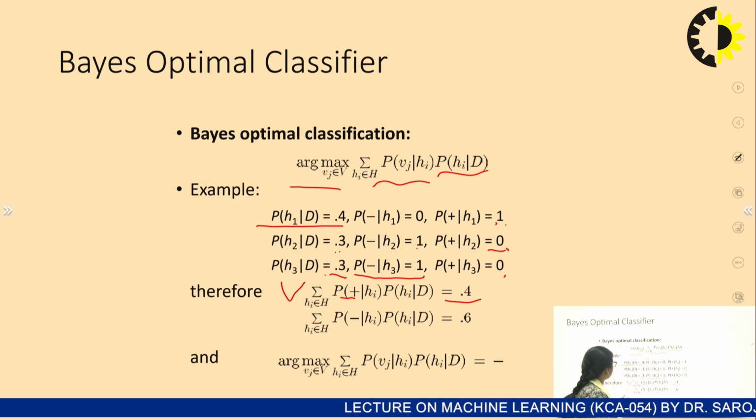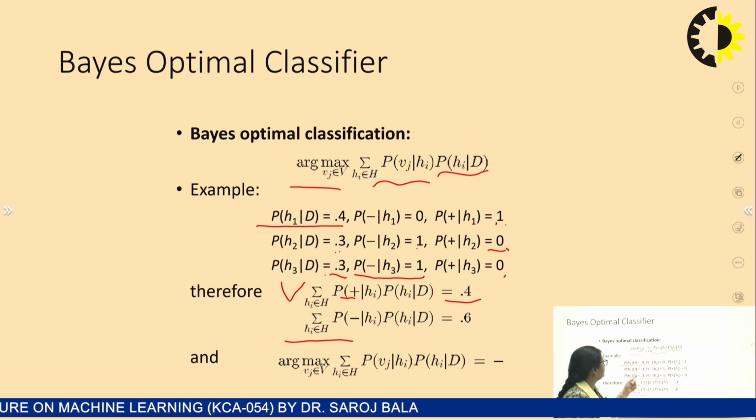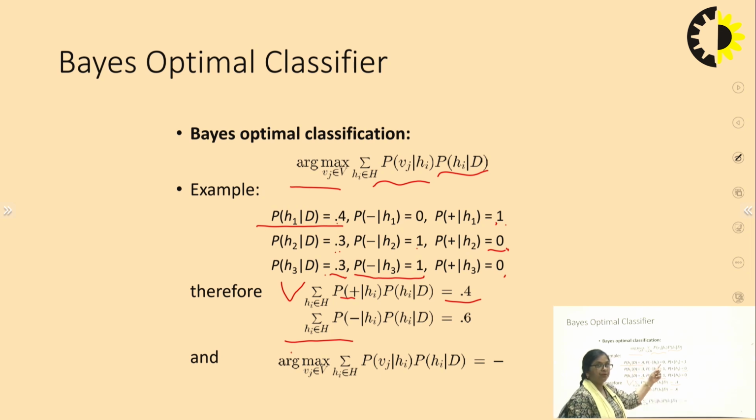Now what is the combined probability for our negative class? Multiplied by the posterior probabilities, that is 0.4 into 0, because H1 doesn't say that it belongs to the negative class, plus 0.3 into 1 plus 0.3 into 1.